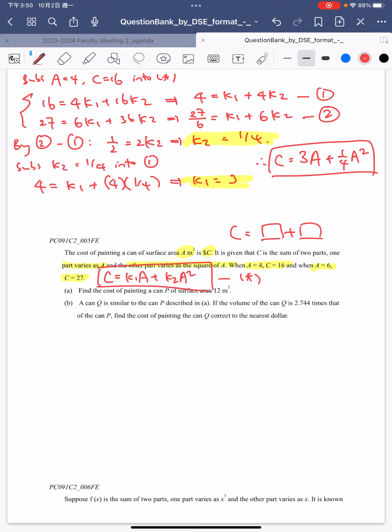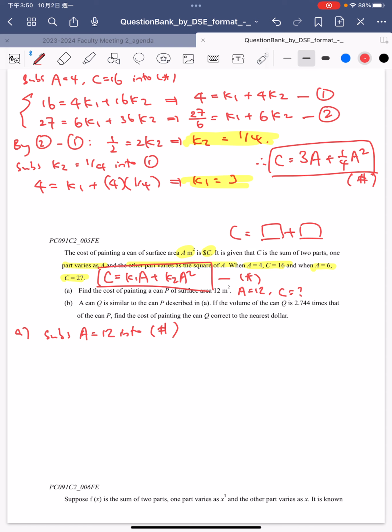After that, we can find out question A. We need to find the cost of painting a can where the surface area is equal to 12. So now we can say that the surface area, which is A, is equal to 12, and we need to find out the value of C. So for question A, we substitute A is equal to 12 into our equation star.